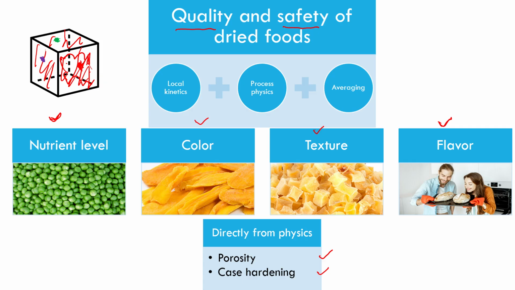That's because there are detailed modules on each one, quality and safety, available as part of this set of videos for the food physics course. So the reader or the person listening is referred to those videos for quality and safety.